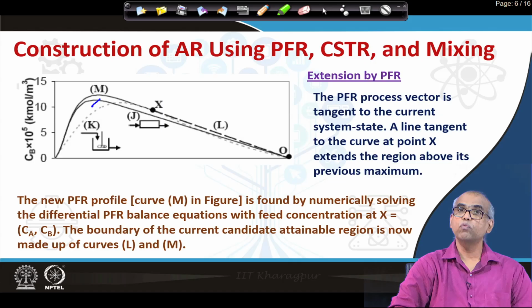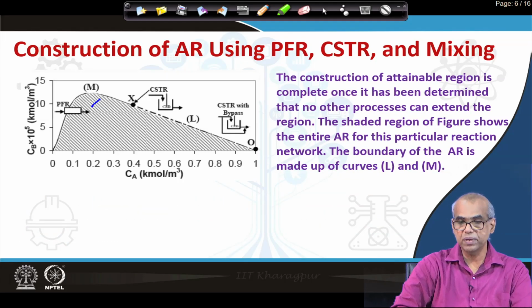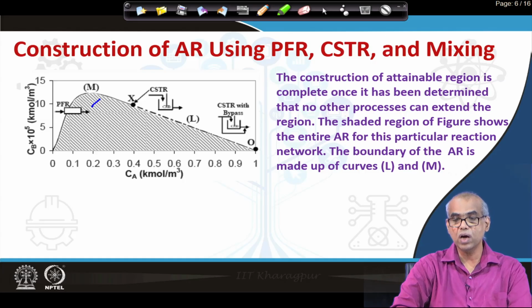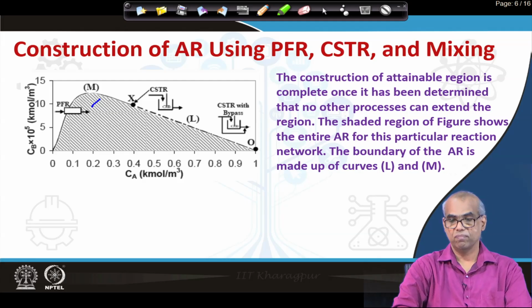Now, if there is no scope for further expansion of the candidate attainable region, we have obtained our desired attainable region. So, the construction of the attainable region is complete once it has been determined that no other processes can extend the region. The shaded region in the figure shows the entire attainable region for this particular reaction network, that means the Van de Vusse reaction scheme.